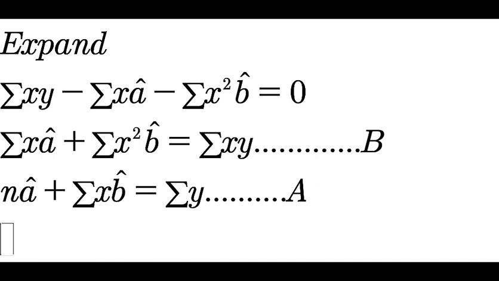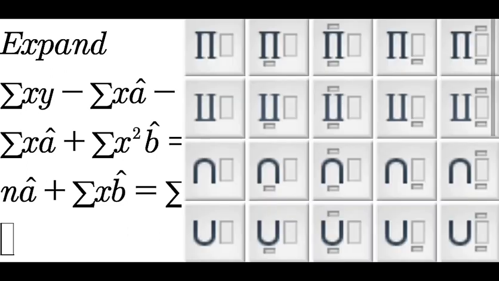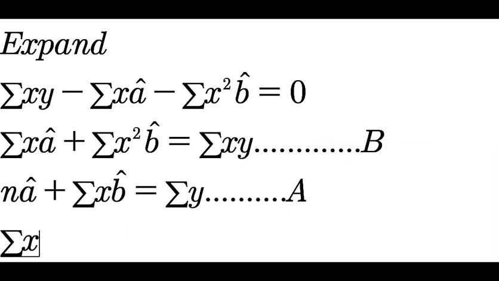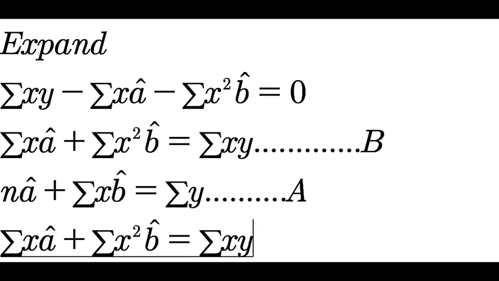I have summation x a hat plus summation x squared b hat equal to summation xy. Okay, so that is our normal equation B.